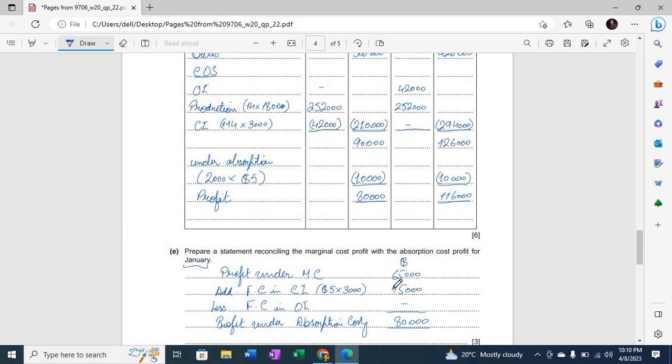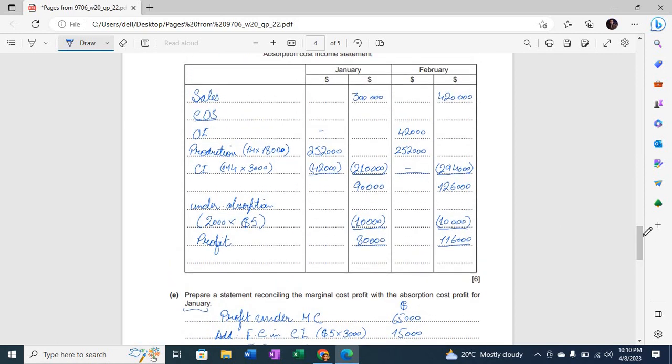So 3,000 into 5, the fixed cost absorbed in closing inventory is $15,000. It is only fixed cost, not the total cost. Less fixed cost in opening inventory: there was no opening inventory in January. So 65 plus 15 must be equal to the profit under absorption costing, which is $80,000. It is reconciled.